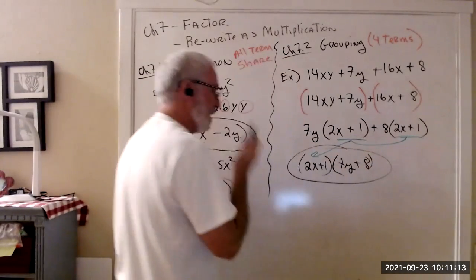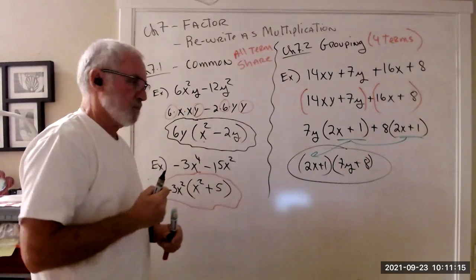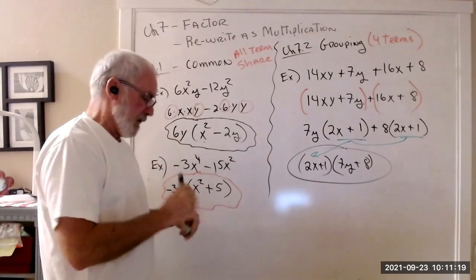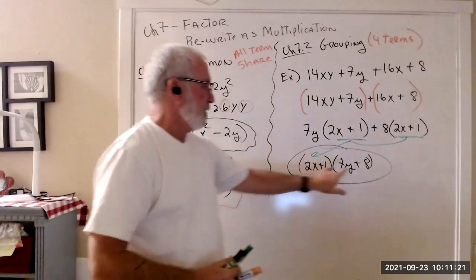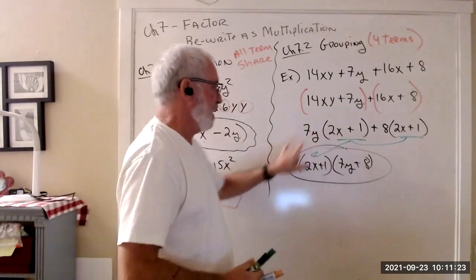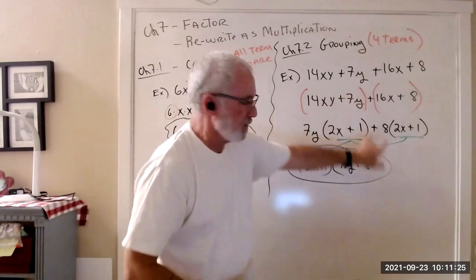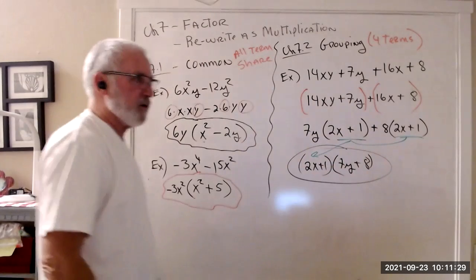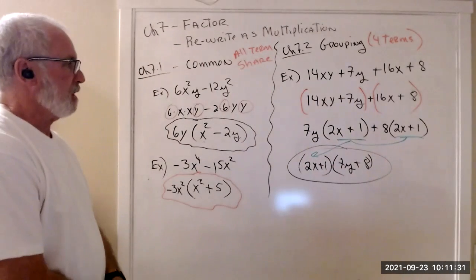And that's my final answer. And again, we talked about it doesn't matter whether 7y plus 8 is in front and the 2x plus 1 is in back, or you wrote it this way. That doesn't matter at all. Not at all.